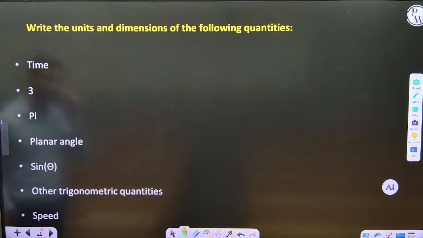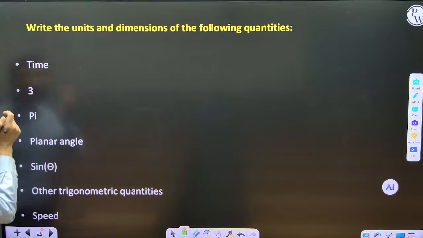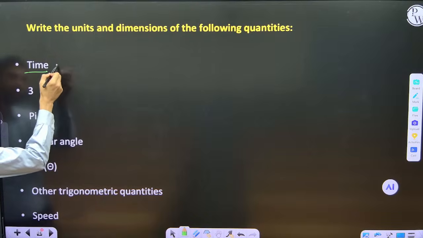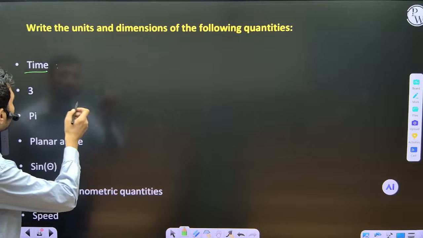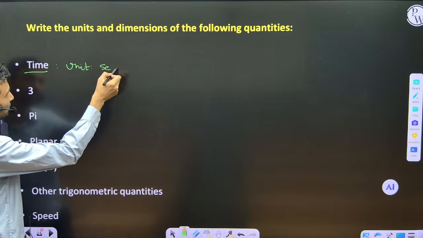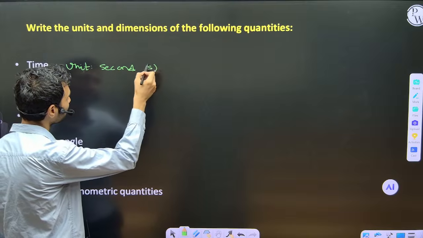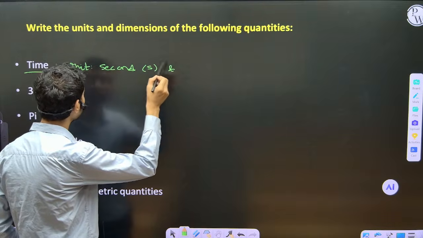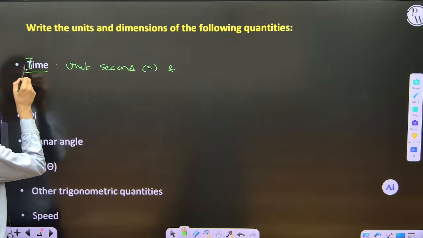So let's start with writing units and dimensions of the following quantities, right? Let's write them. Starting with time. So what is the unit of time, guys? Unit is, as you know, seconds, it's s, and dimension will be what I've already shown. Dimension is T, right?